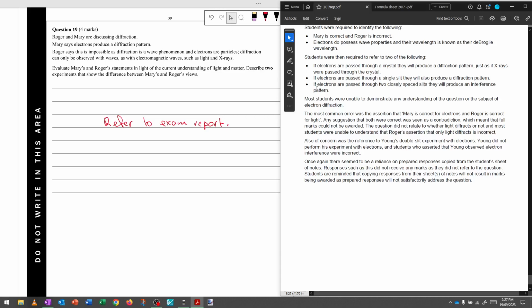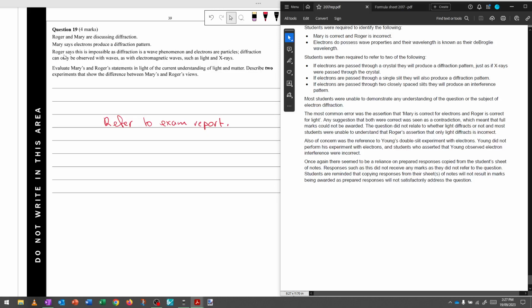Okay. Don't try and copy things from your cheat sheet. See how crazy I'm going after 3 hours? You just read the question, read what each person is saying, talk about what you know based on the theory. So we know electrons produce a diffraction pattern.